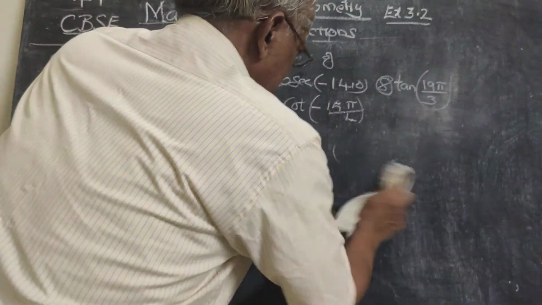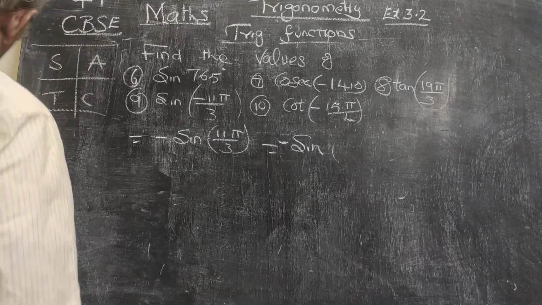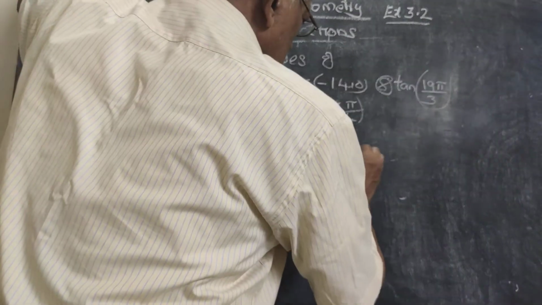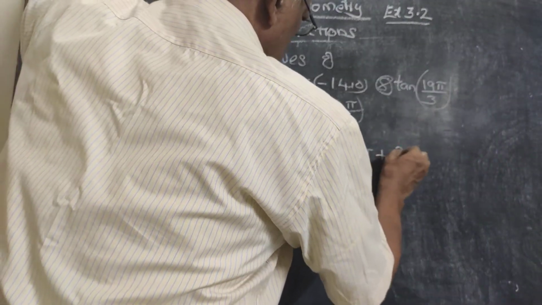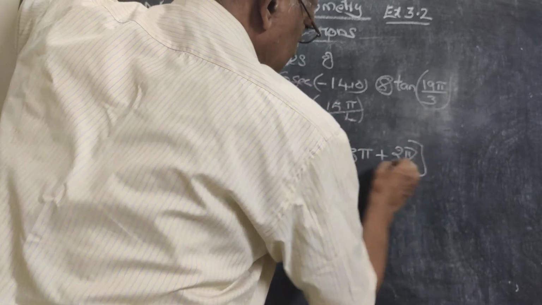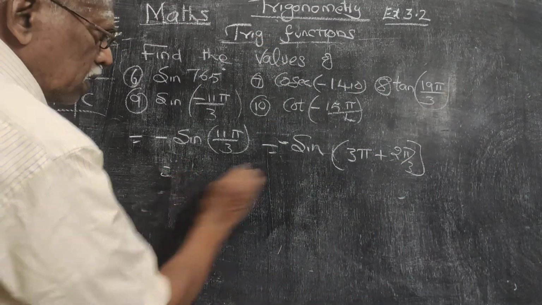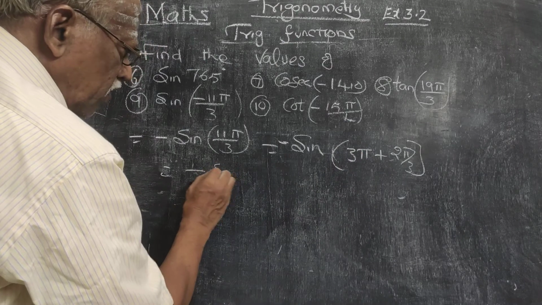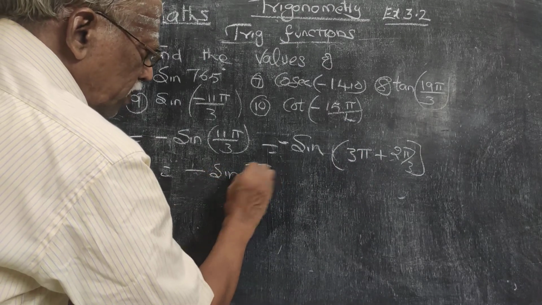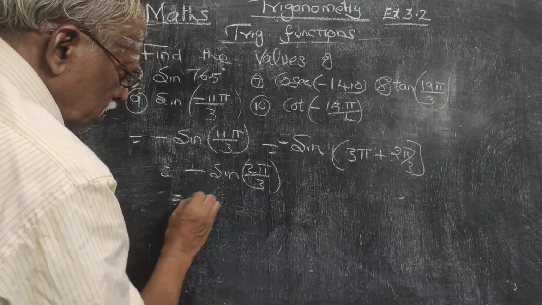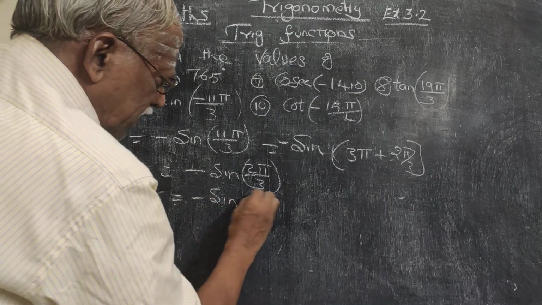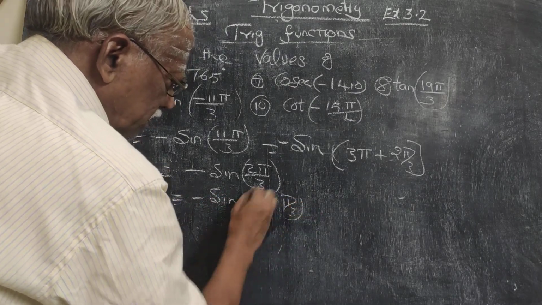Now what I have written earlier, I have taken 3 pi plus 2 pi by 3. 3 pi plus something, therefore I can write this as minus of sine 2 pi by 3. Minus sine 2 pi by 3, I can write it as pi minus pi by 3.